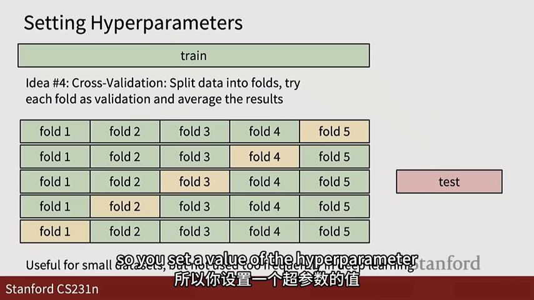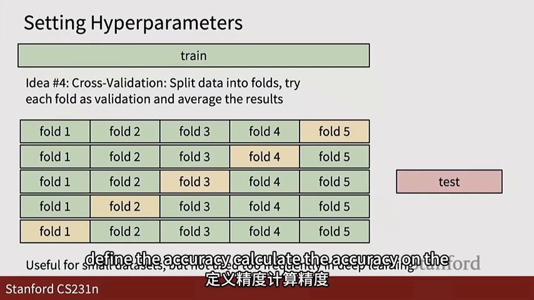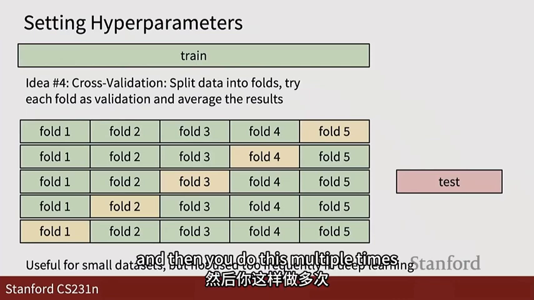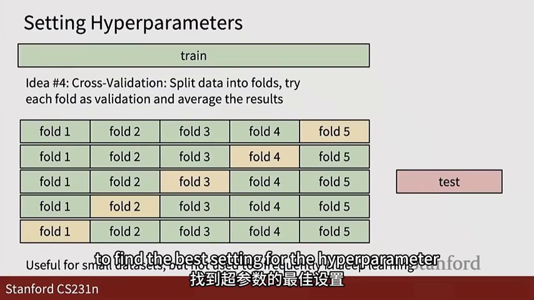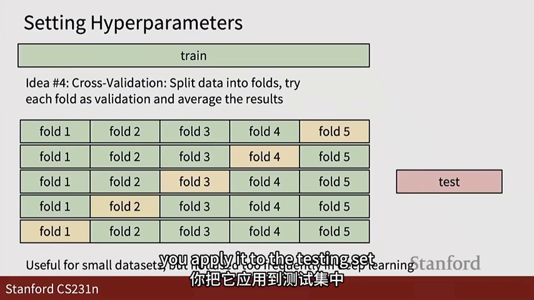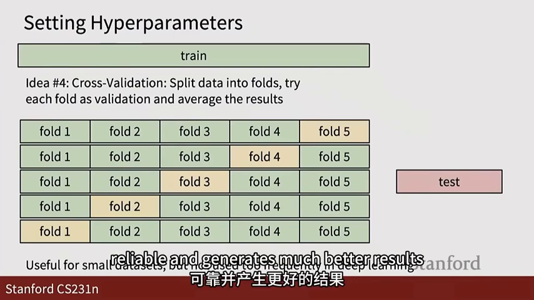So you set a value of the hyperparameter, you run this for all these 5 sets, calculate the accuracy on the validation set, average it. And then you do this multiple times to find the best setting for the hyperparameter. After you found the hyperparameter setting, you apply it to the testing set.